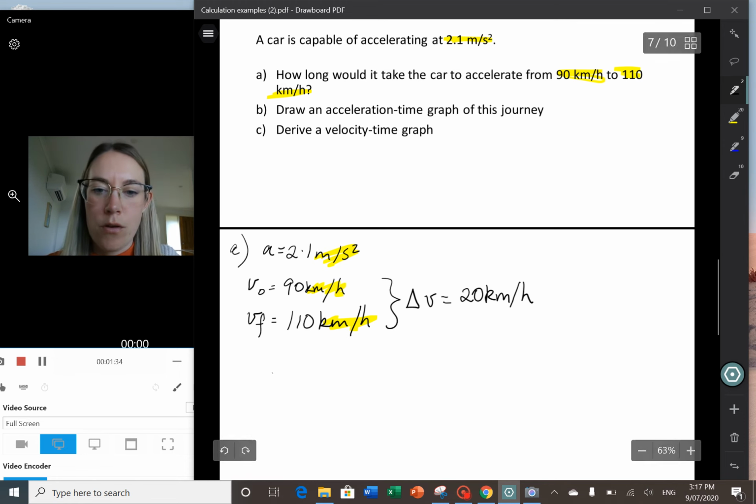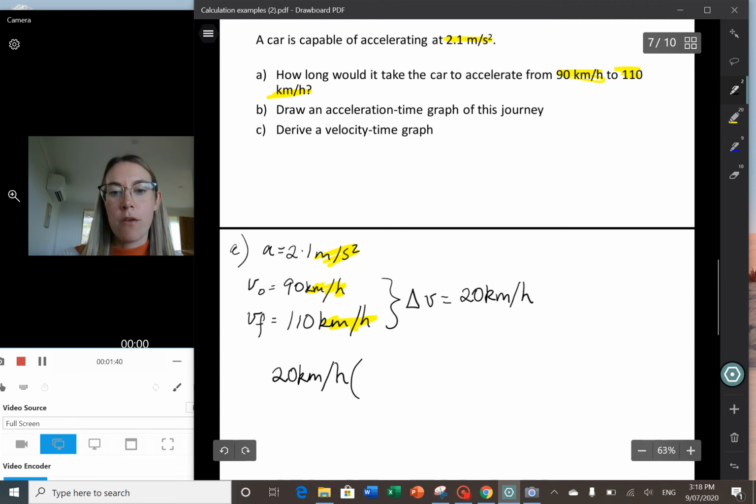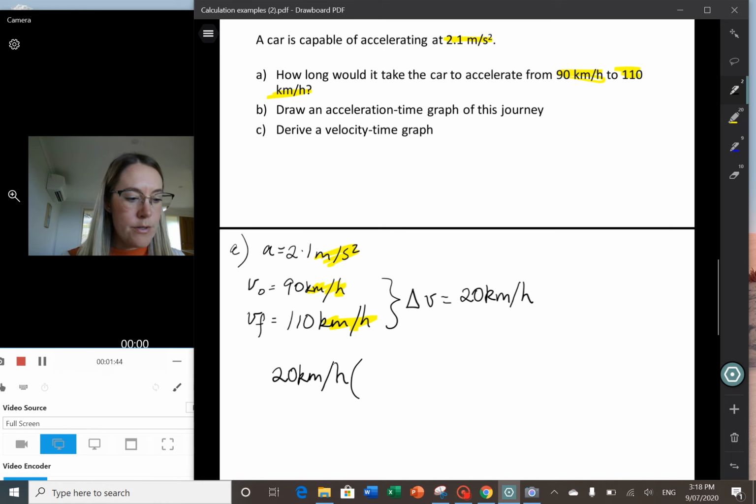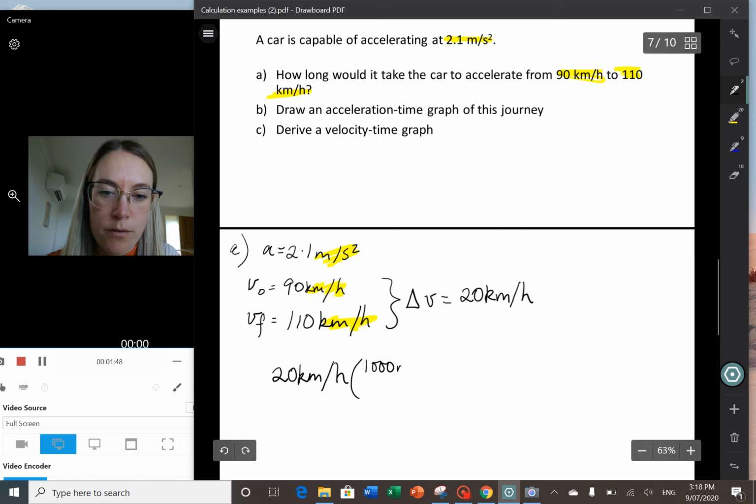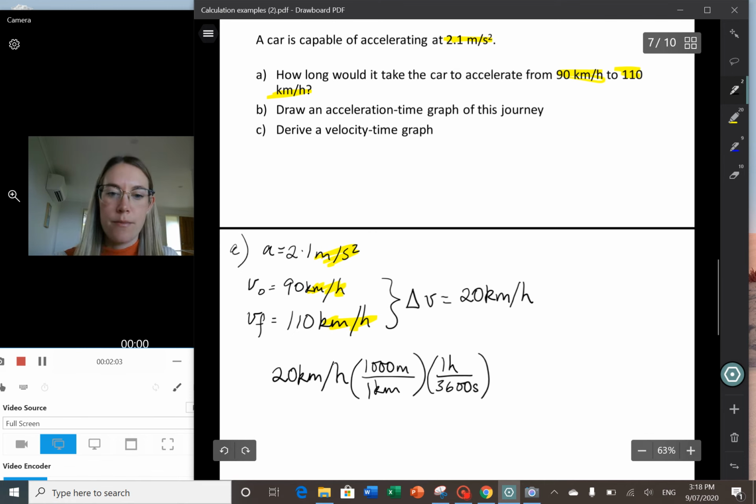So 20 kilometers per hour multiplied by the conversion factor for kilometers into meters. So we've got 1,000 meters in a kilometer. And also multiplied by our conversion factor, 1 hour divided by 3,600 seconds.